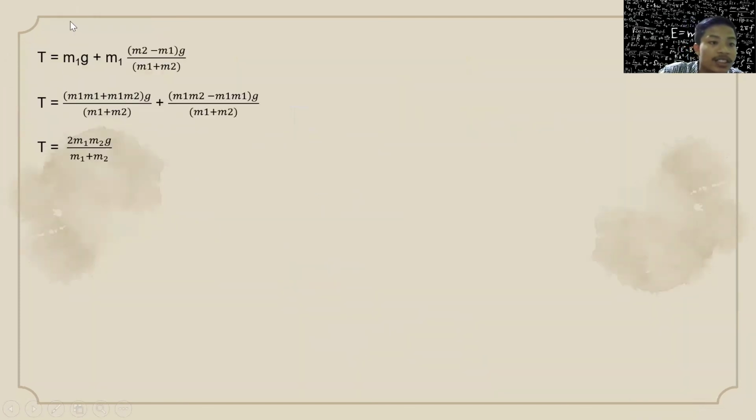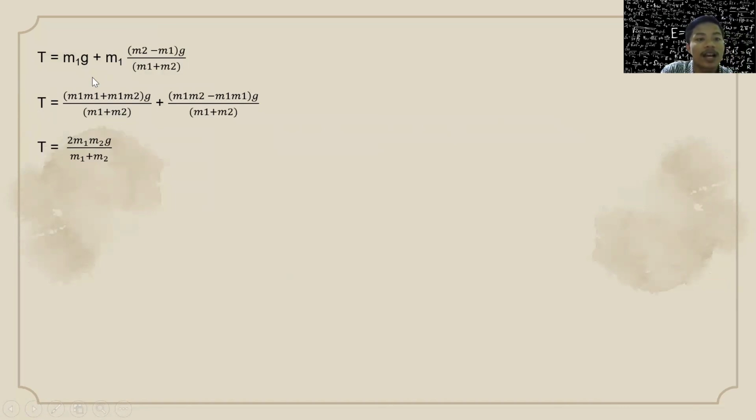Next, T equals m1g plus m1 times (m2 minus m1) times g per m1 plus m2. And this is mass, object mass.